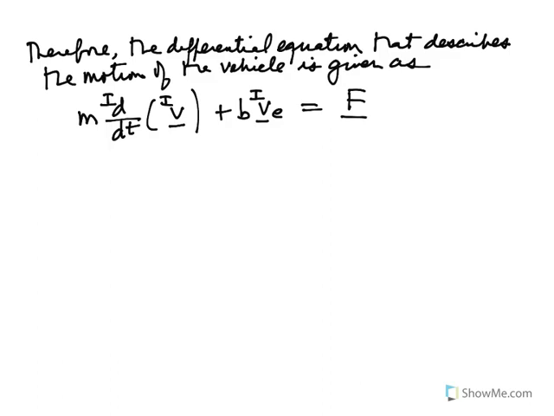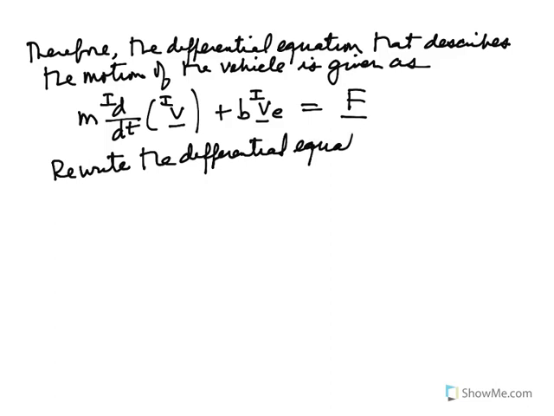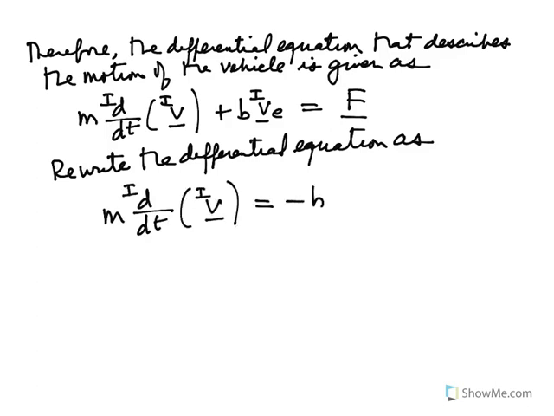Now we can rewrite this differential equation in the following way: m times d dt in I of vi equals minus b times ve in I plus f. Now, this is where things get a little more interesting.